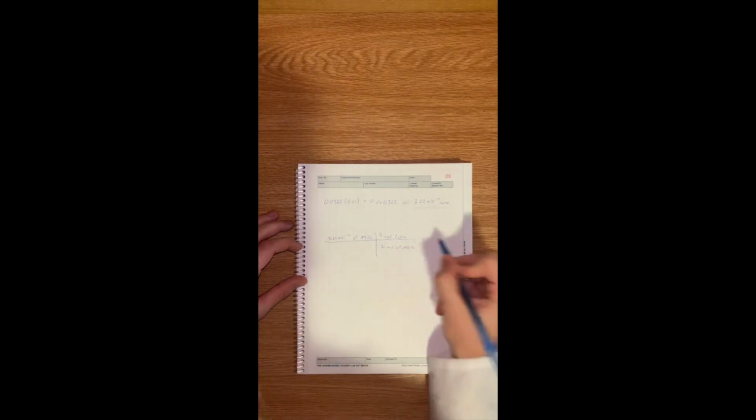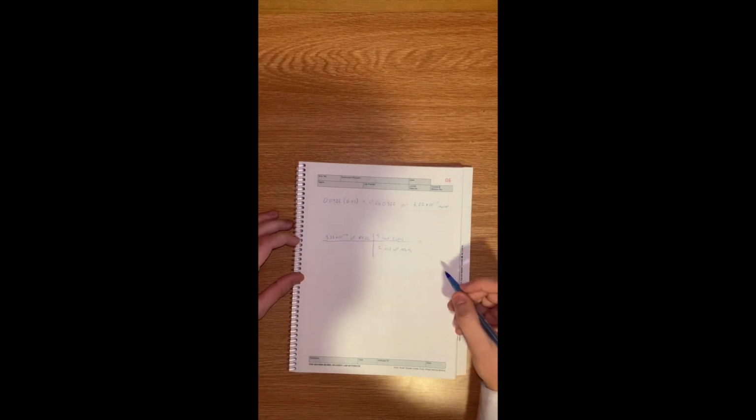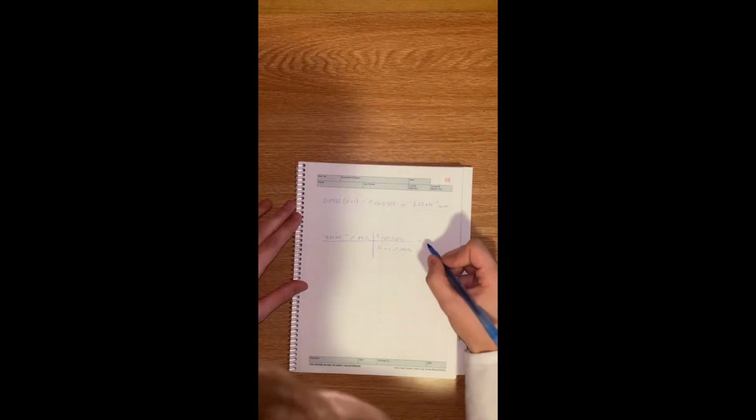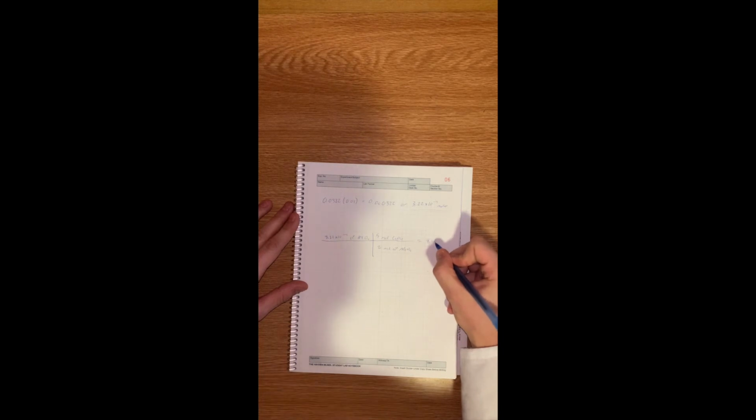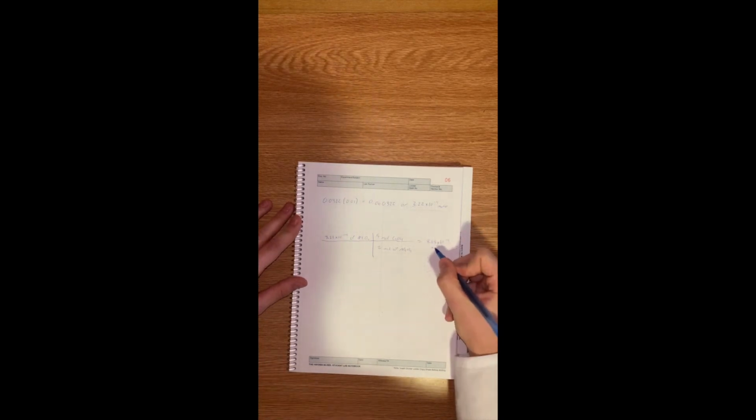And by doing some quick multiplication, you can see that the moles of oxalate used will be 8.05 times 10 to the -4th moles.